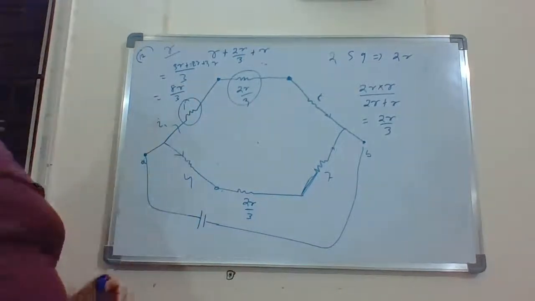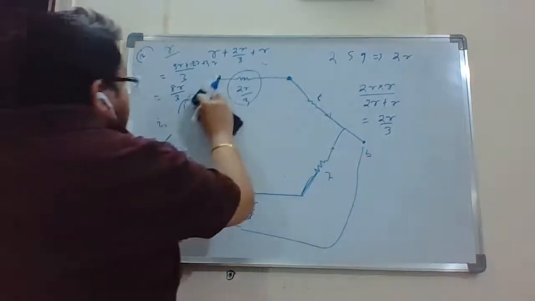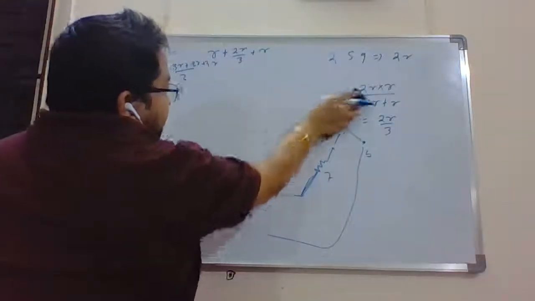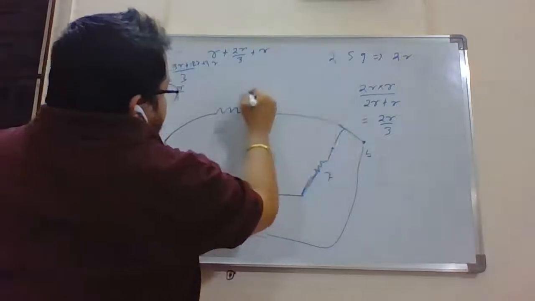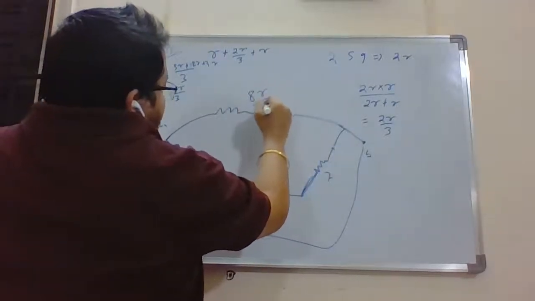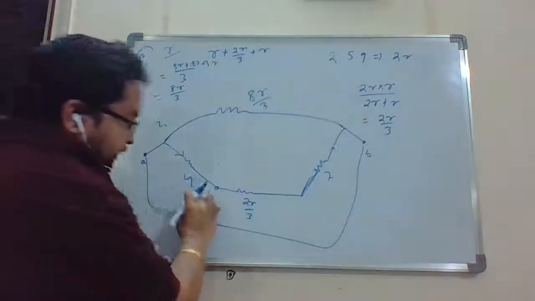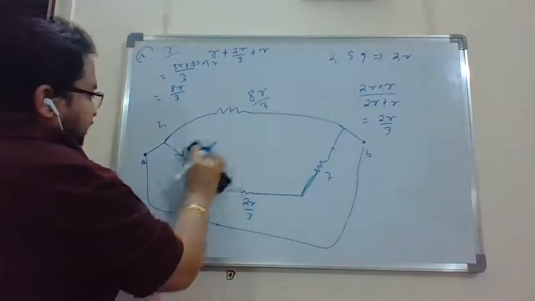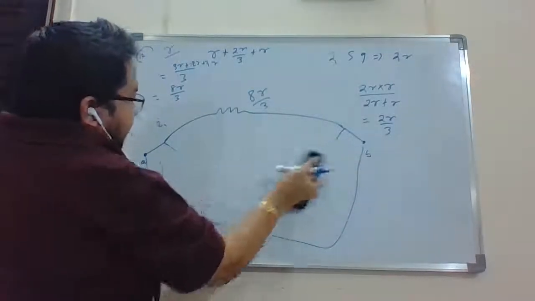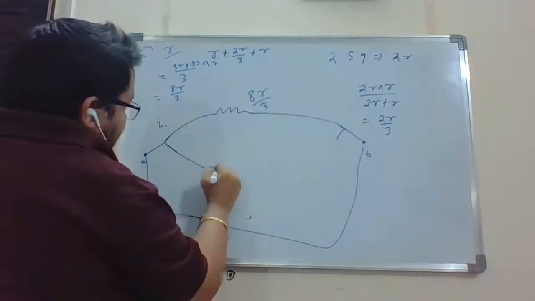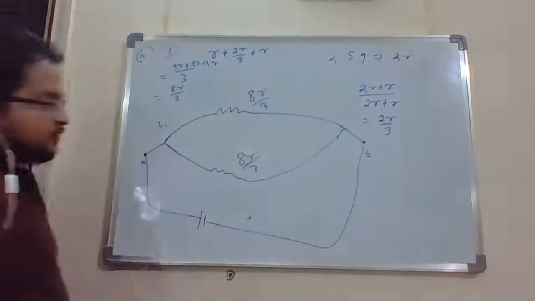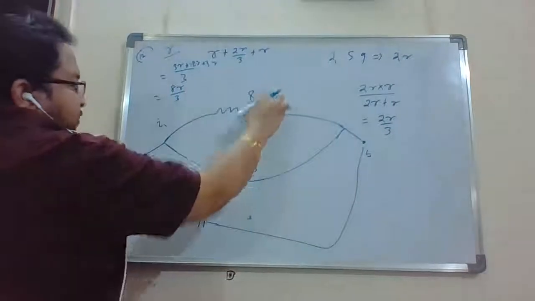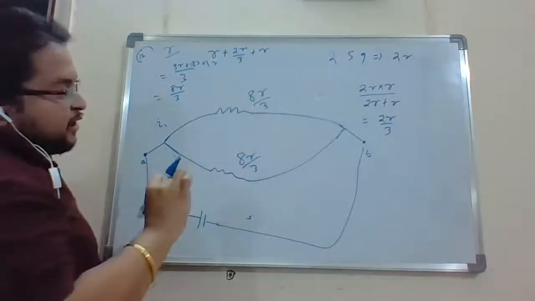So I can remove this entire part and put 8R by 3 here. Similarly, same calculation for this part. I can remove this entire thing and put 8R by 3 here. Again, these two are a happily married couple.